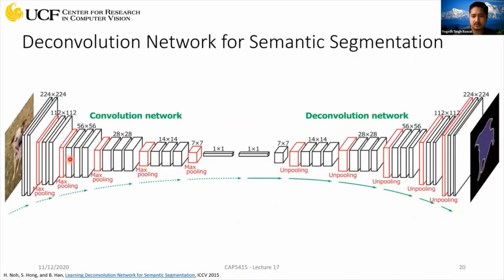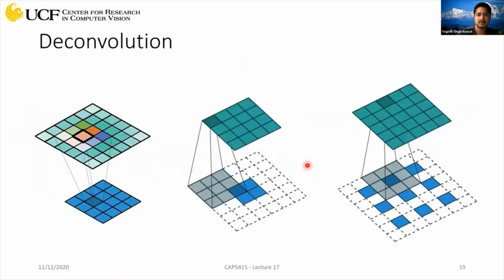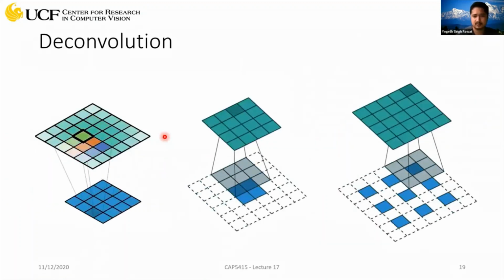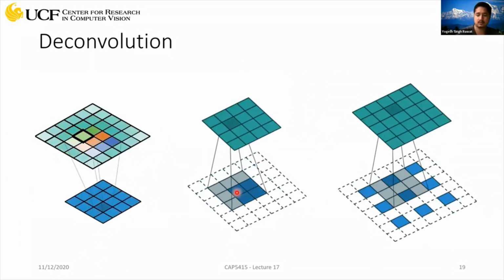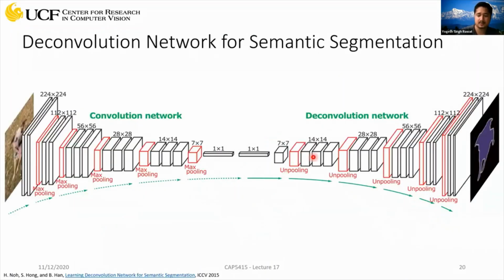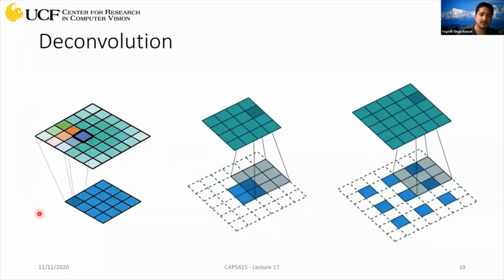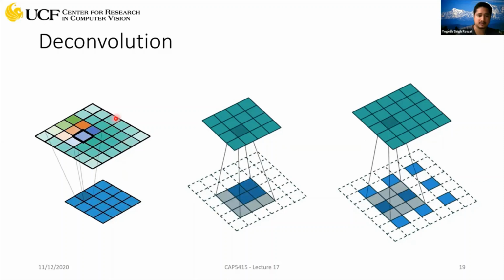Now, one thing you might notice is that you are increasing the resolution from 7x7 to 14 using unpooling, but when you're doing deconvolution, your resolution is not changing. But in all the variants we saw here, the resolution is increasing, right? So what they do is they perform this deconvolution and then they chop off the borders.